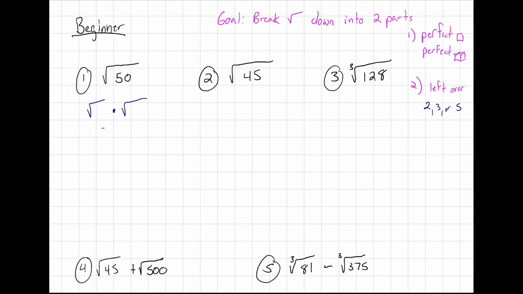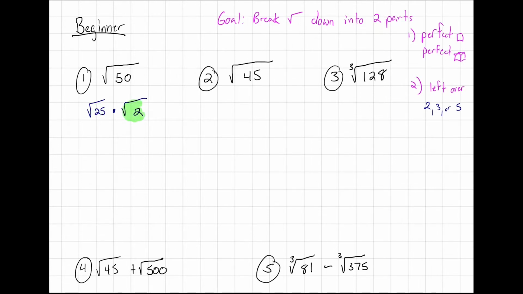I need this first one to be a perfect square. So when I think about my perfect square numbers, I have 1, 4, 9, 16, 25. Those are my first 5. Well, out of those options, I know that 25 can go into 50, and 25 can go into 50 2 times. So you see, now on the left-hand side, I have a perfect square.